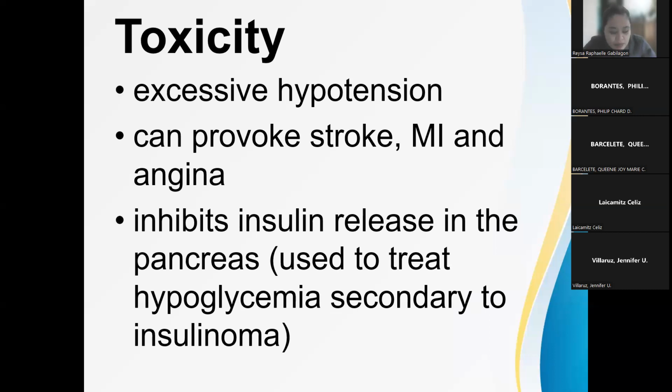The blood sugar goes up. The reason again is that the drug itself can inhibit the beta cells in the pancreas from releasing insulin. So remember, insulin regulates the blood sugar level. So that is why there is hyperglycemia. So this diazoxide is used for insulinoma.